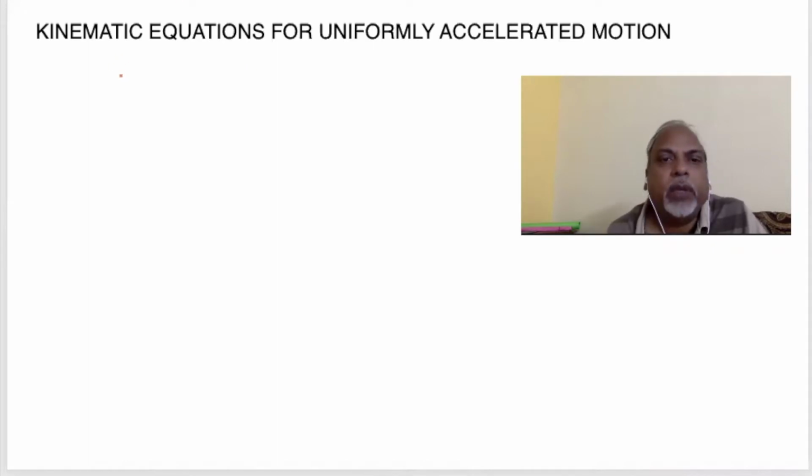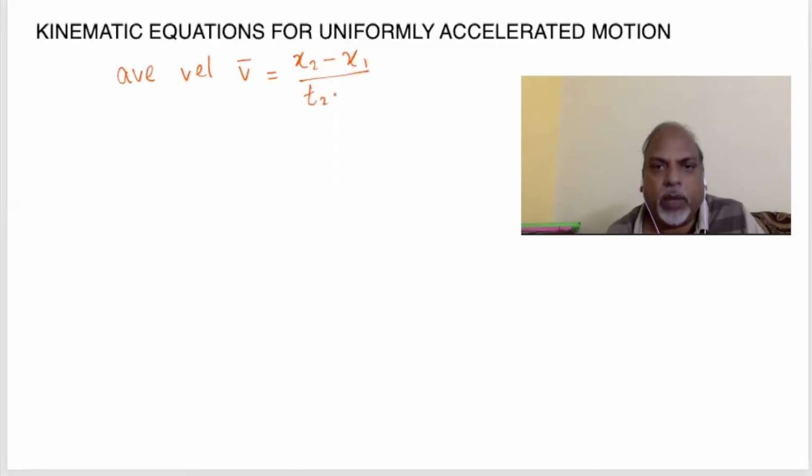The main thing is average velocity, that is v dash is equal to x2 minus x1 upon t2 minus t1.